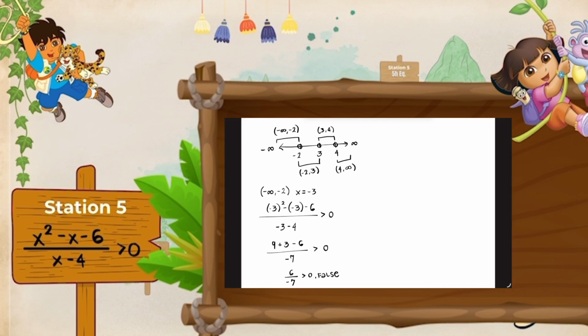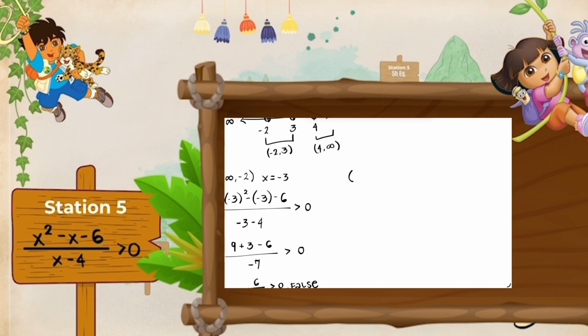Next we have negative 2, positive 3, and we'll use the easiest, 0. So 0 squared minus 0 minus 6 over 0 minus 4 is greater than 0. So cancel, cancel, cancel.